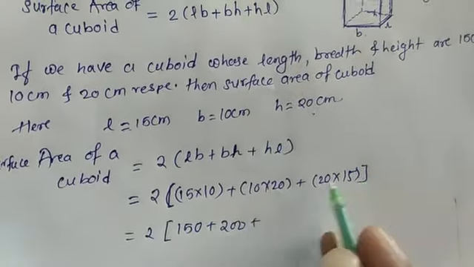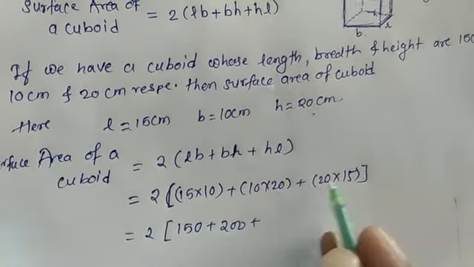Here the unit is centimeter, so we write centimeter square. So the surface area of the cuboid is equal to 1300 centimeter square.